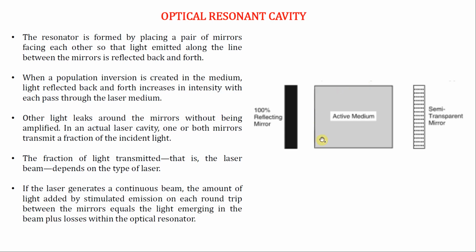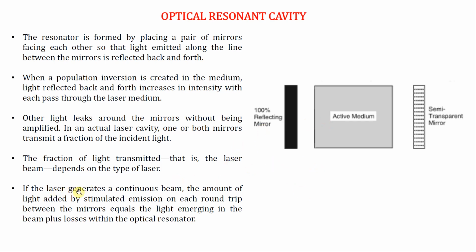But at the same time you can see that there will be some loss of light also happening. That loss also comes out of the mirrors. It's like a kind of leakage of light. Those will not undergo amplification, but the rest, the majority, would have undergone amplification.